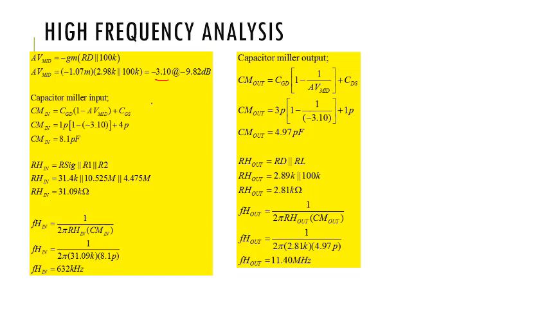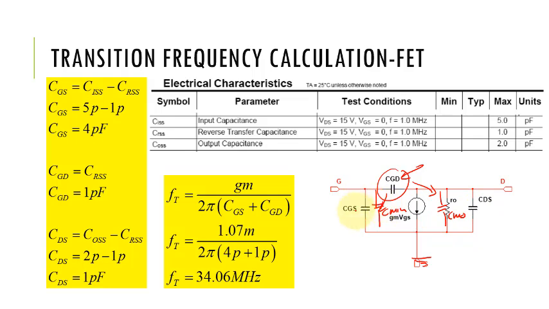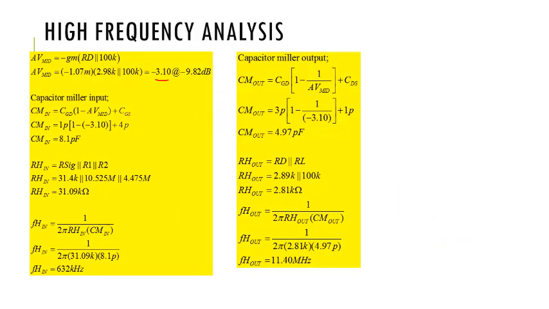Then we add, as we know, we have two capacitors in parallel, CGS and C Miller in, so when we have two capacitors in parallel, the operation is add. So we apply the concept of Miller, and we have the C Miller in total 8.1 picofarad.